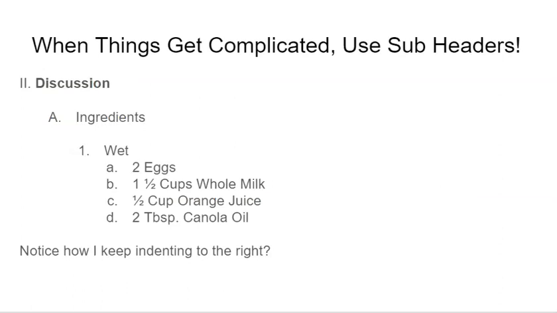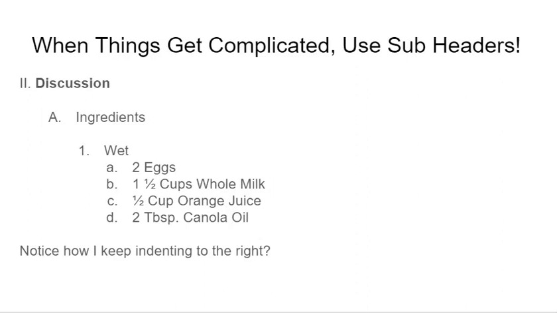Now, I had put down ingredients, but there's a lot more to this than just ingredients. I don't want to have to memorize everything I have in my speech. I want to be given reminders. And so when things get complicated, we use subheaders. In this case, when I make pancakes from scratch, I separate out the wet ingredients from the dry ingredients. And first I make those 2 separately, right?